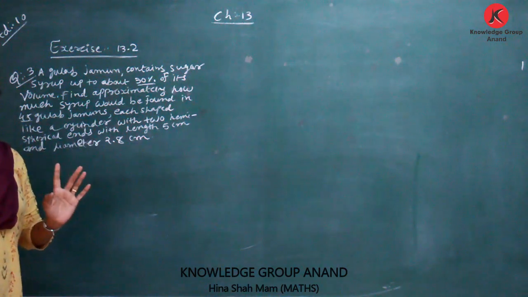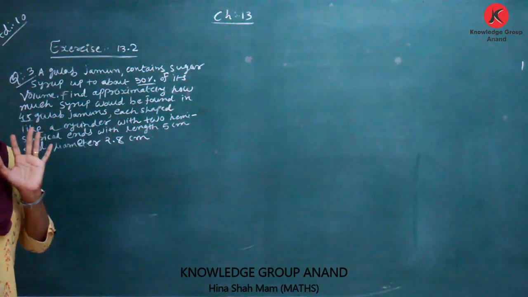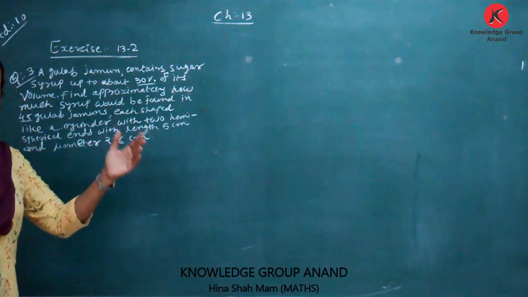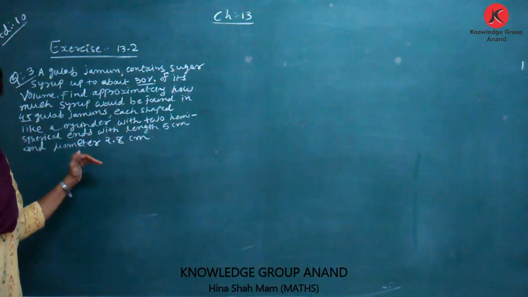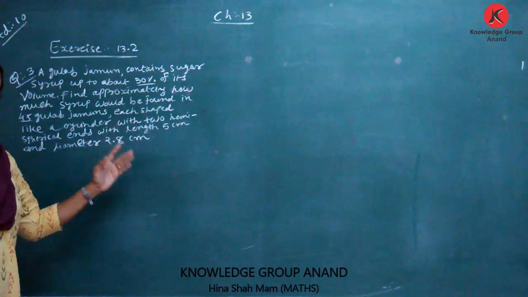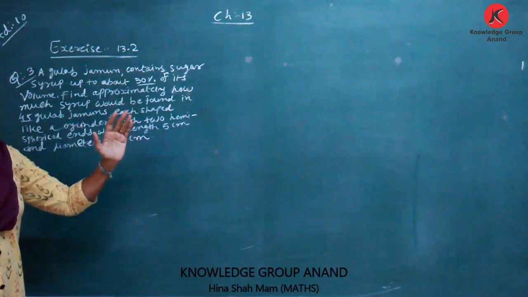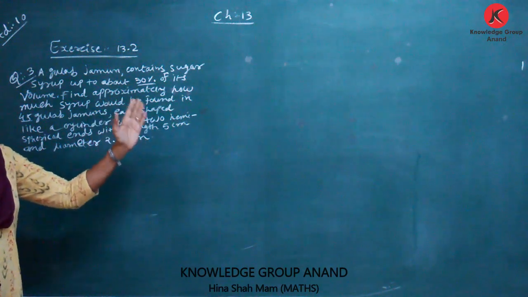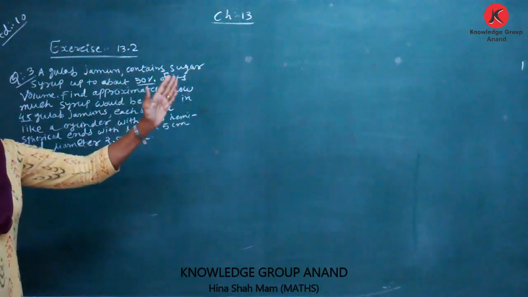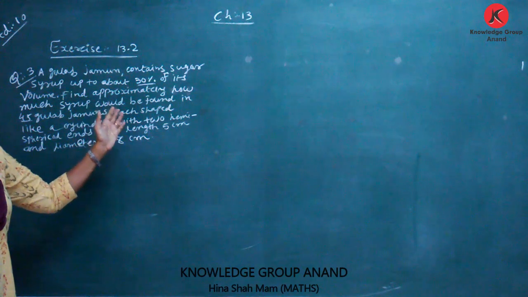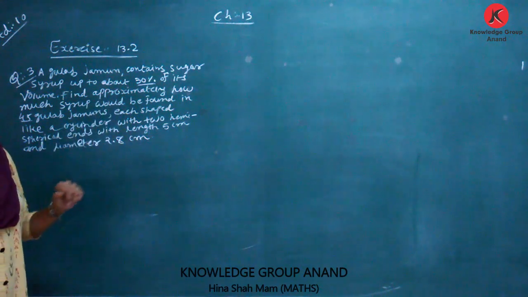First we find the volume of one gulab jamun. Then we find the volume of 45 gulab jamuns and find the syrup. The syrup is equal to 30% of the volume of 45 gulab jamuns.